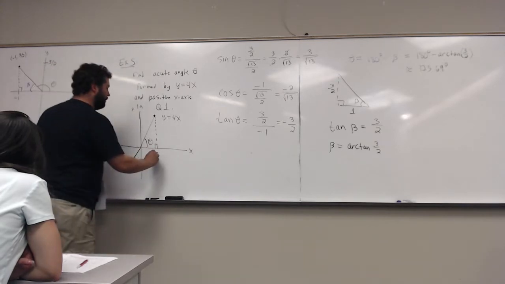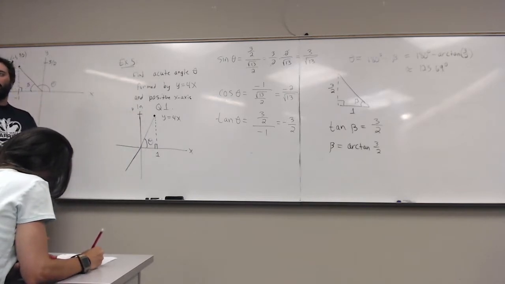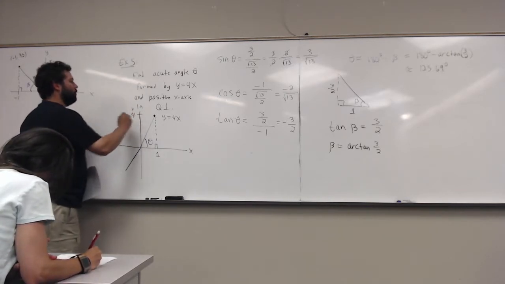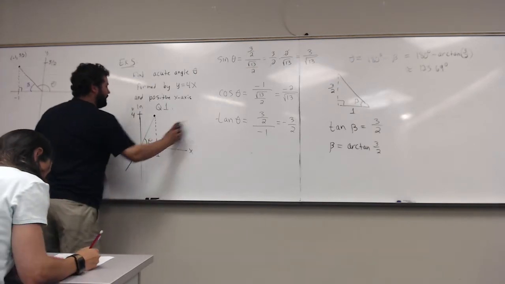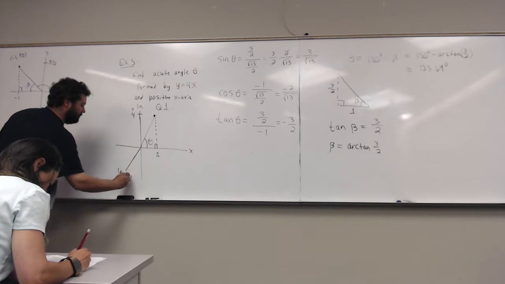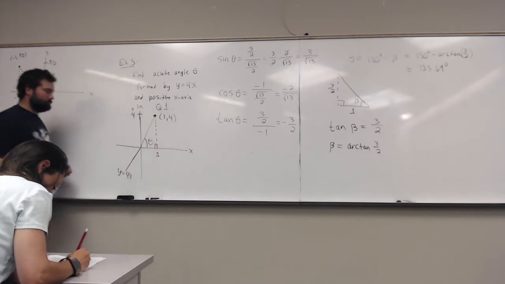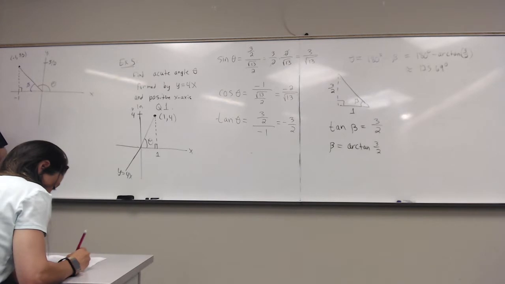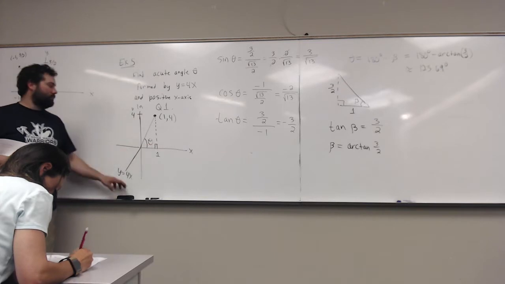So I plug in 1 for x, and the y coordinate I get is 4. Let me label my line down here, and let's say this now is the point (1, 4). So just plug something in for x to get a y coordinate on the line. That'll give you a point, and then using that point, we should be able to recover this angle.